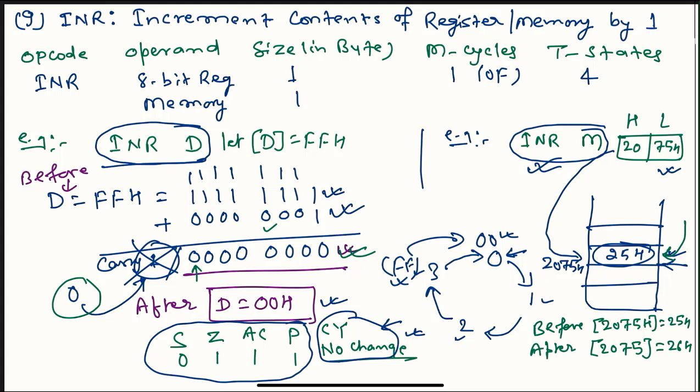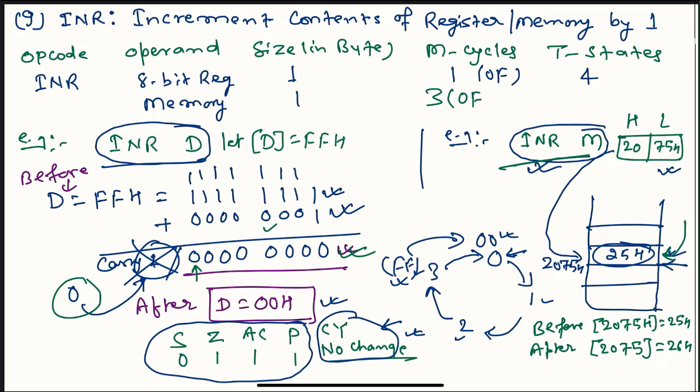So how many times the microprocessor is accessing the memory chip, that is called the machine cycle here. It is accessing 3 times. What are those? The first one is called opcode fetch, meaning the opcode for this INR M. After decoding this INR M, the processor knows that the operand must come from where?